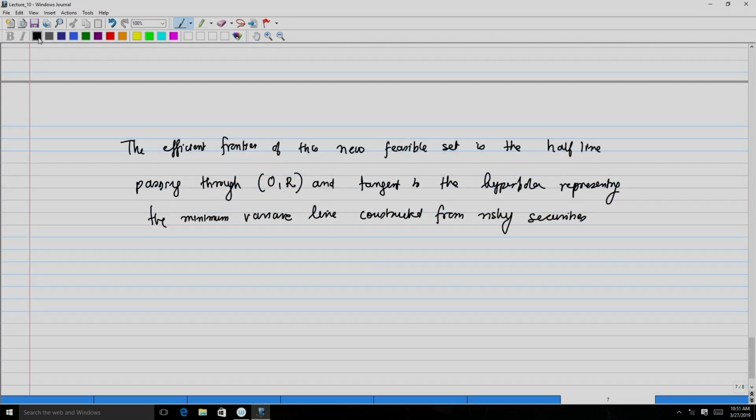So, what purpose does bringing this market portfolio into the picture serve, and how does it actually help us from the investment point of view?